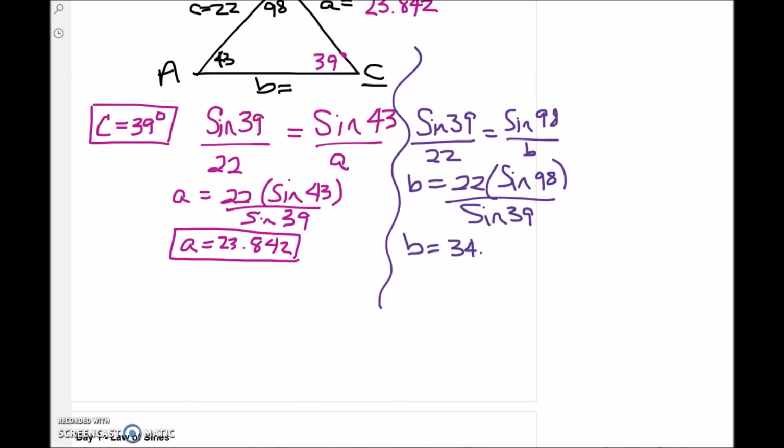B equals 34.618. And again, just make sure that you have all 3 angles, which we do. There's my third angle, and all 3 sides. I was given 1, and there are my other 2, so I've solved my triangle.